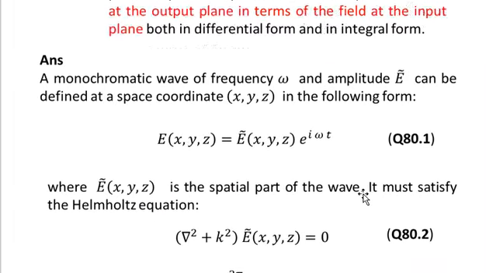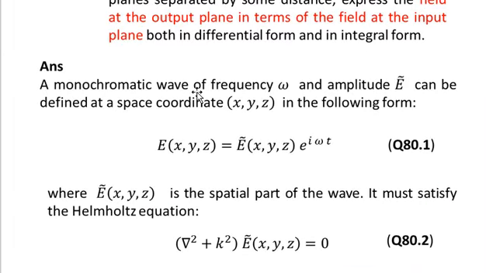The answer is: a monochromatic wave of frequency omega and amplitude E prime can be defined at a space coordinate x, y, z in the following form. That is, E as a function of x, y, z is equal to E prime of x, y, z multiplied by e to the power iota omega t, where E prime of x, y, z is the spatial part of the wave.